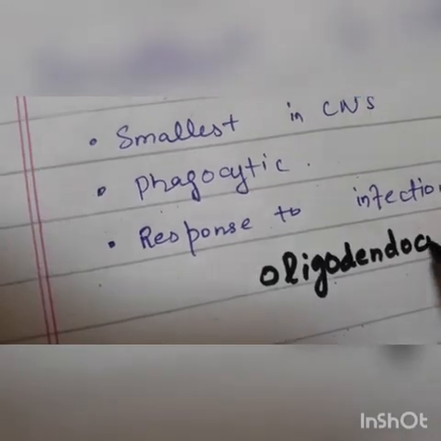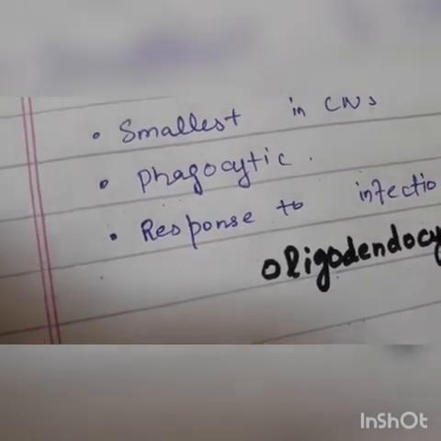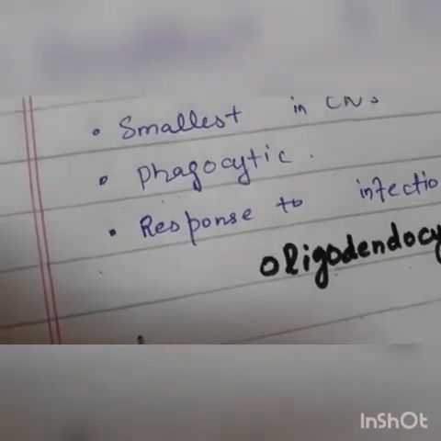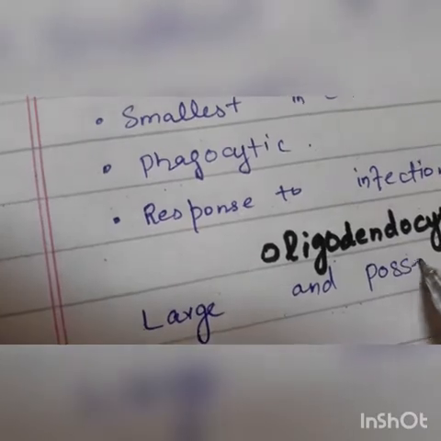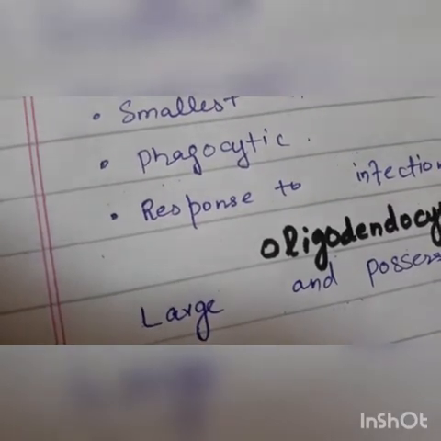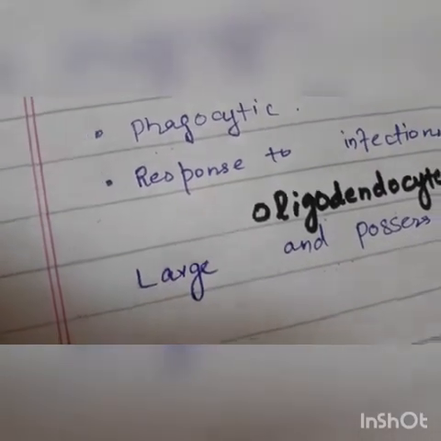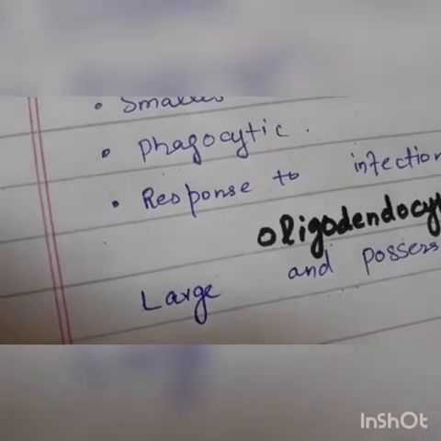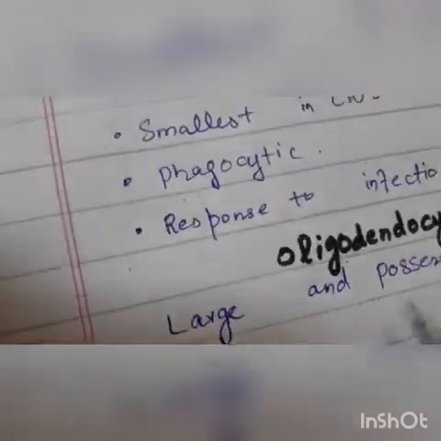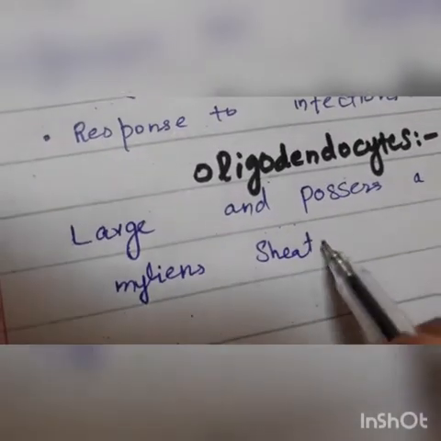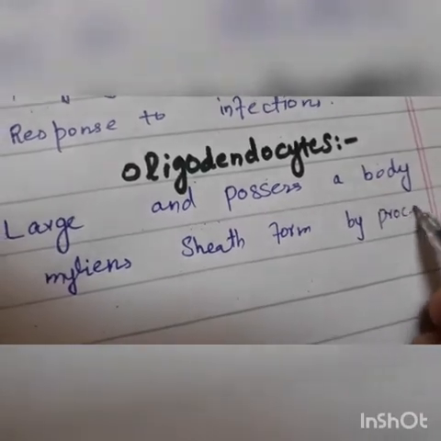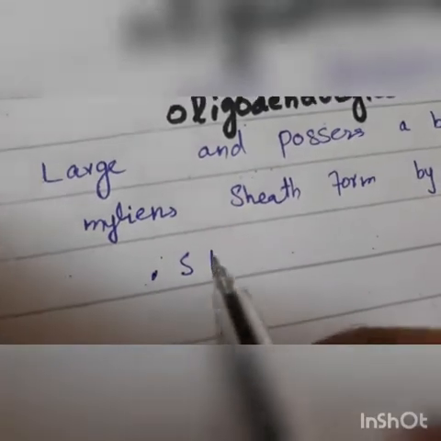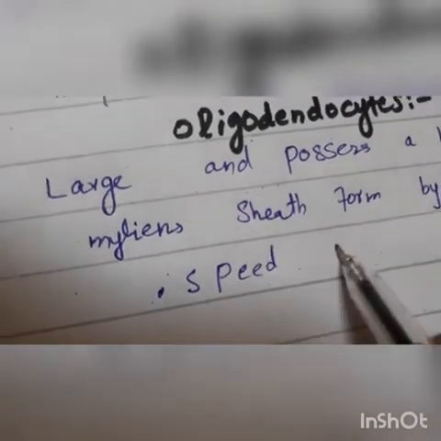Oligodendrocytes. Oligodendrocytes are large glial cells that possess a cell body and processes. The processes of the oligodendrocytes form the myelin sheath, and the main role of oligodendrocytes is to speed up transmission.